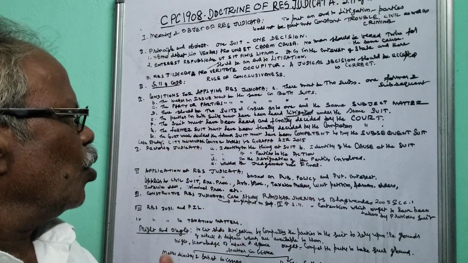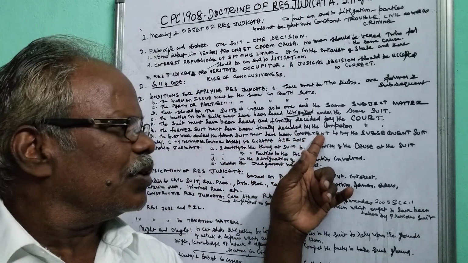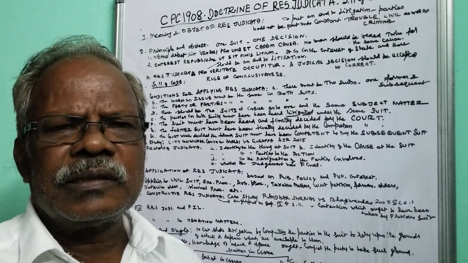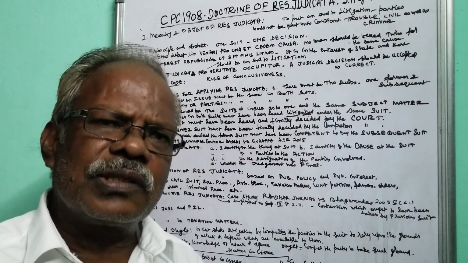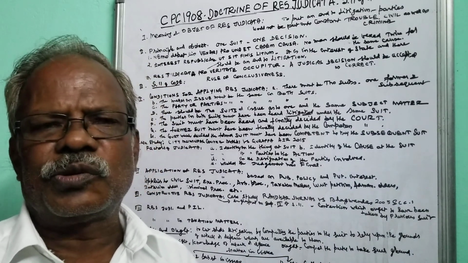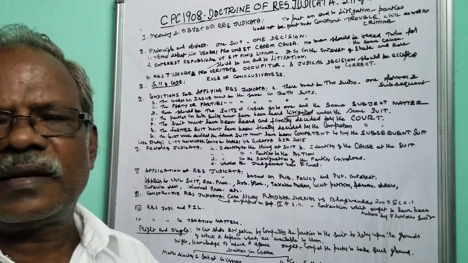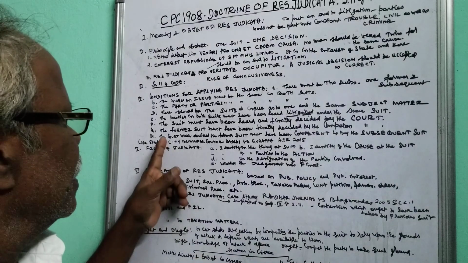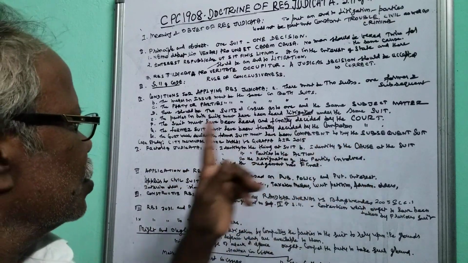And the court which decided the former suit must have been competent to try the subsequent suit. So when the former suit has been decided by the court, it should have the competency to try the subsequent suit also. That should be the condition for res judicata.